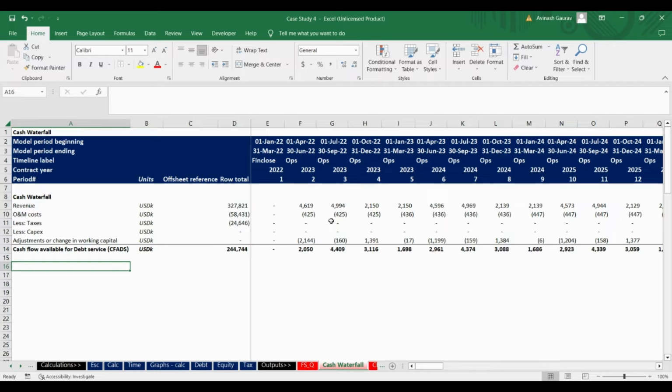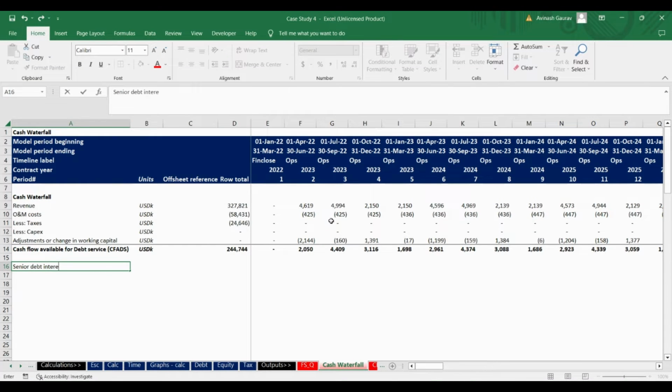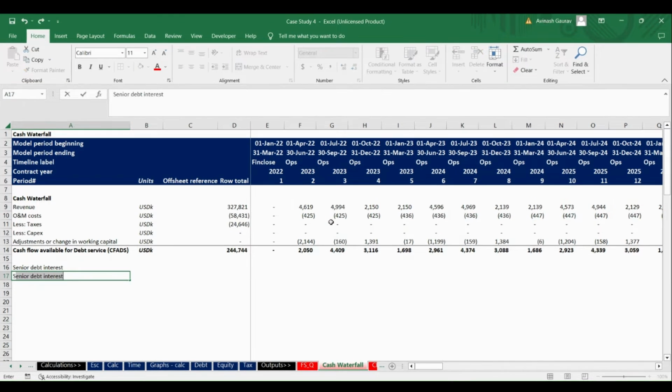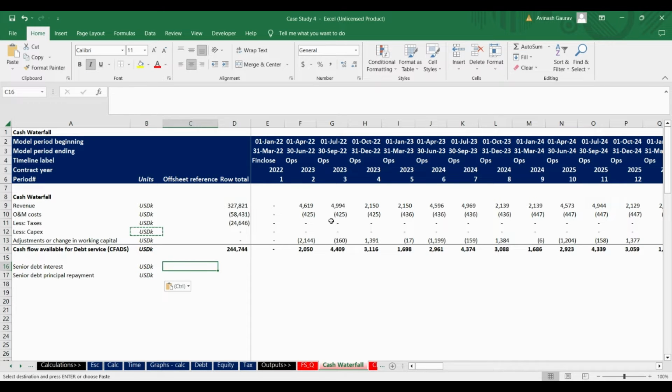Now I talked about priority in the beginning, so the first priority is always to the senior loans, right? So now I can say that senior debt interest which I am supposed to pay. Then I can say senior debt principal repayment. Now you are supposed to pay for your interest and your principal repayment.